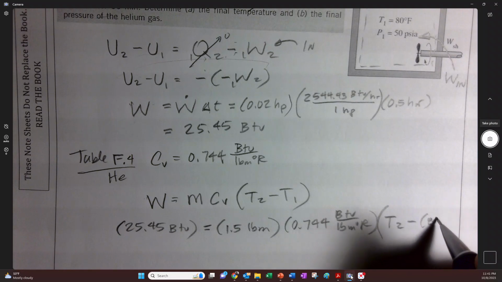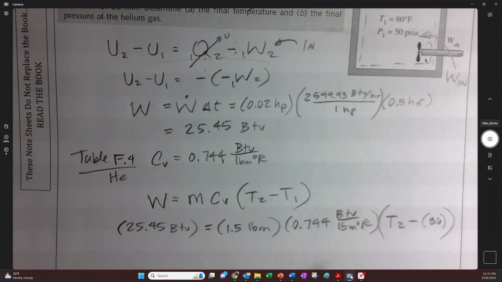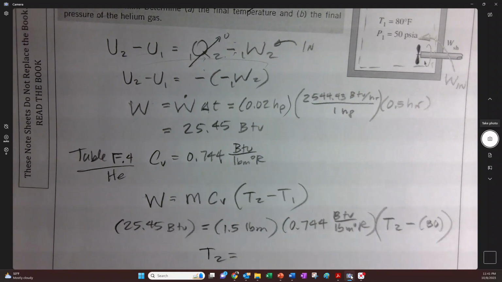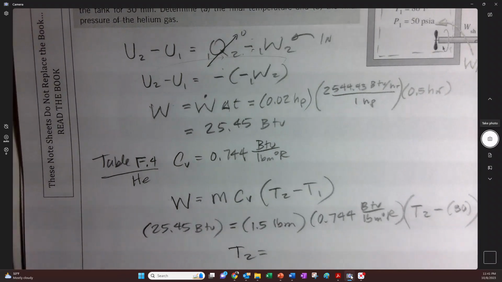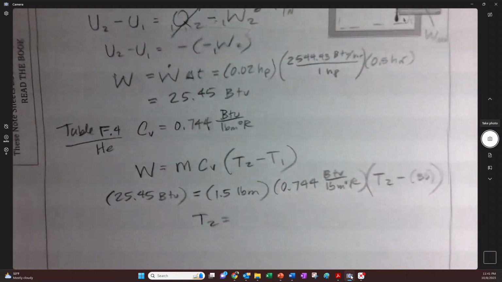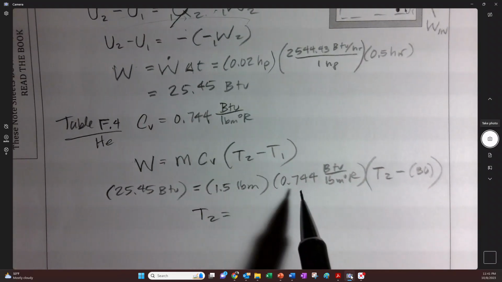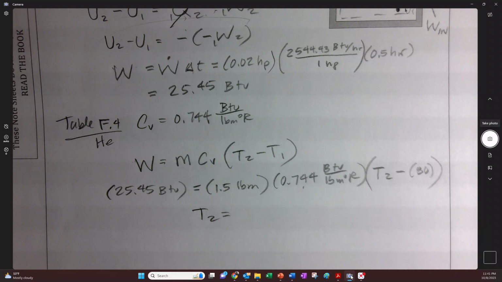So 25.45 divided by 1.5 divided by 0.744, and then I need to add 80 to that.